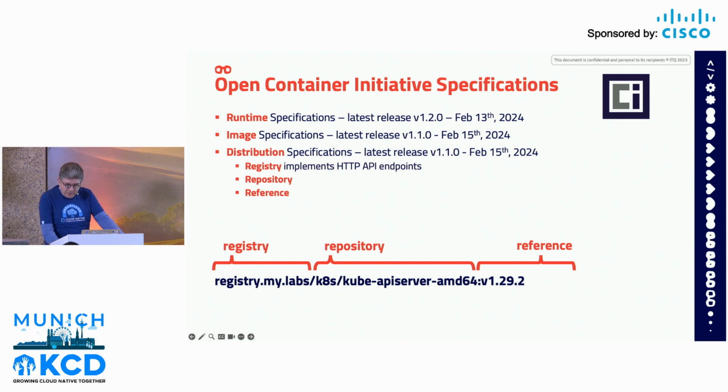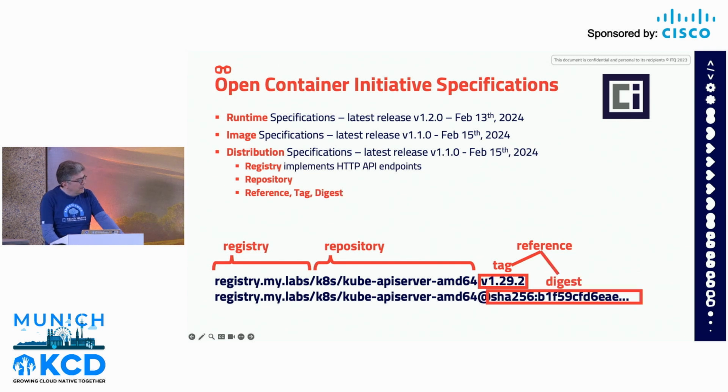So then the reference afterwards is a generic pointer to an image. And this reference could be a tag for us humans to understand what is behind this tag, so here 1.29.2, or, for immutability, uniqueness and verification, you have a hash. Here, this is named digest, so it's a unique hash for the image content.